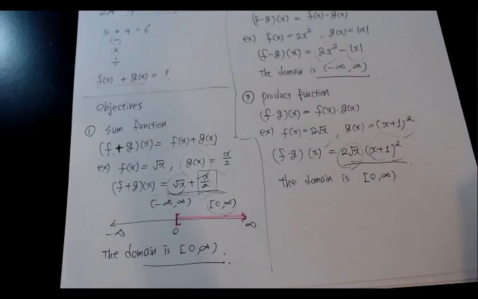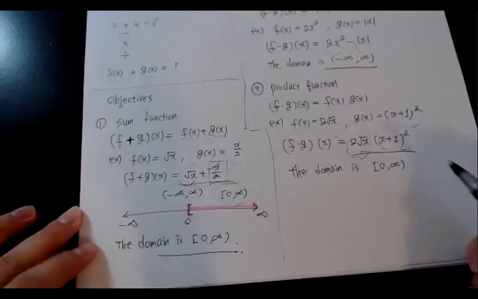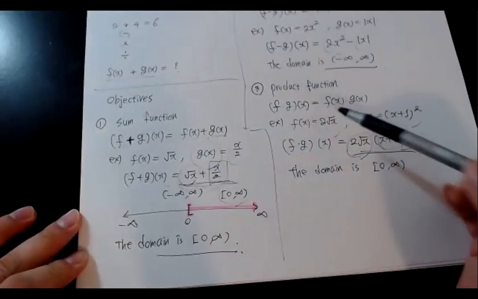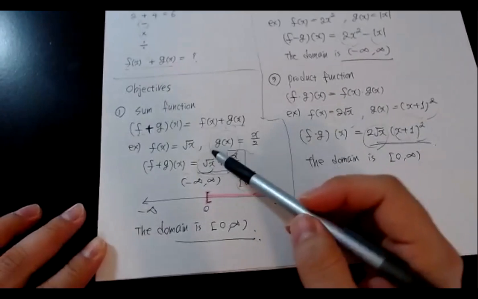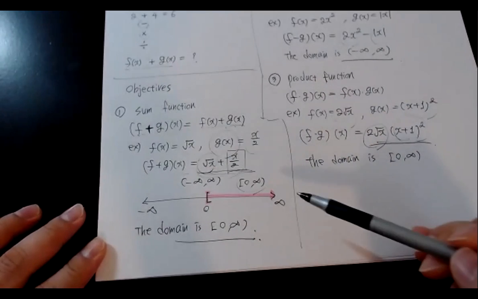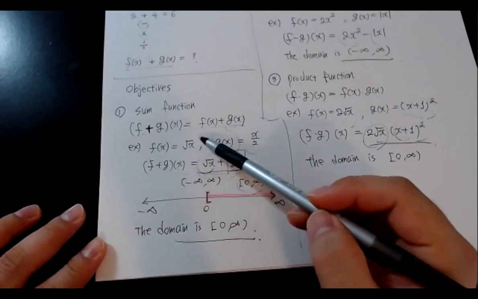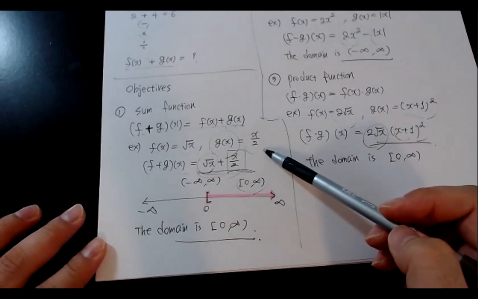So when you look at the sum function, difference function, and product function, look at the examples. f of x is a square root function, g of x is a polynomial function.